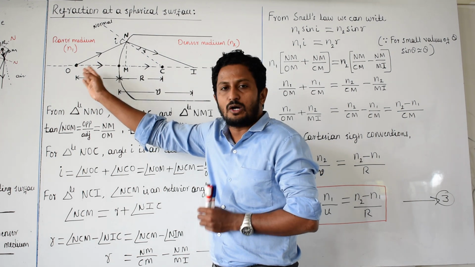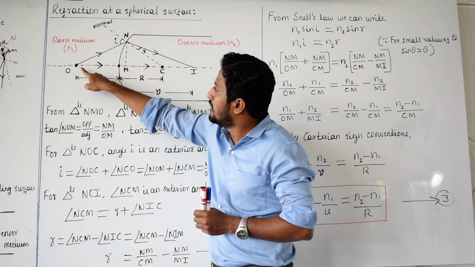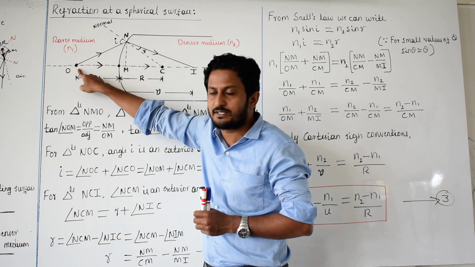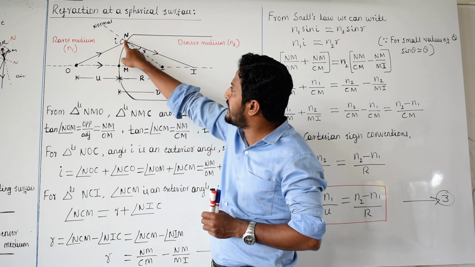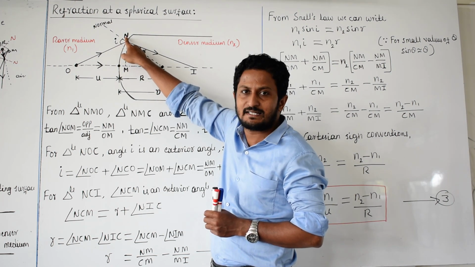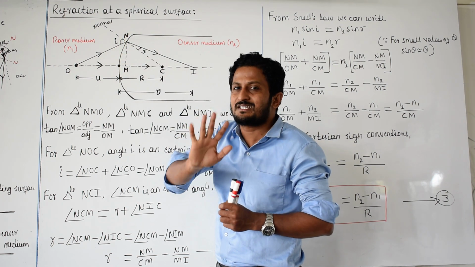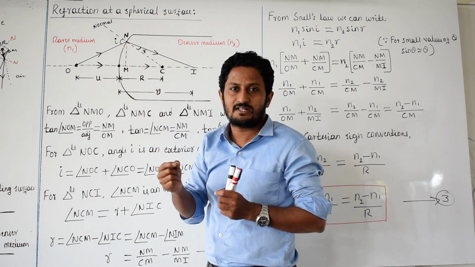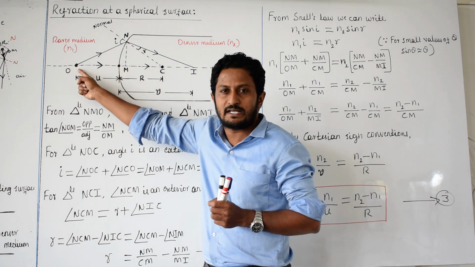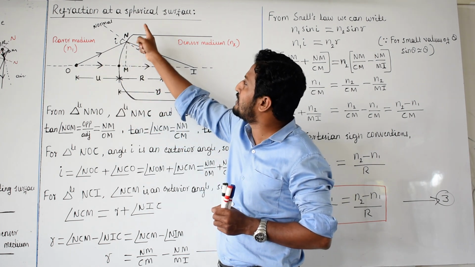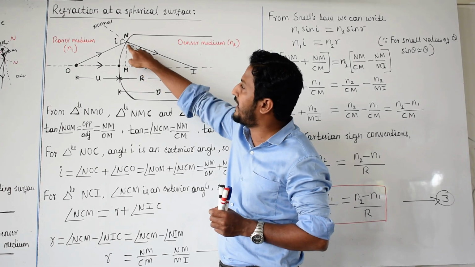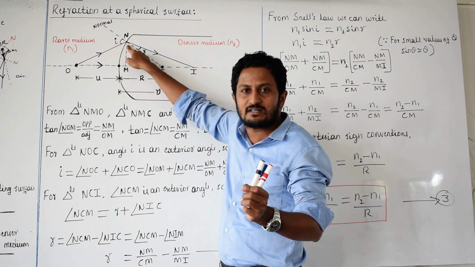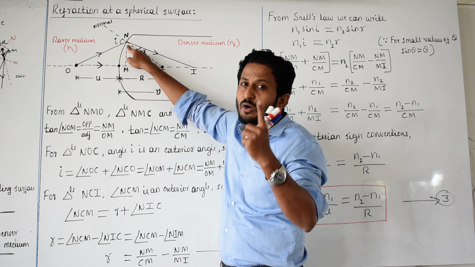Let's look at that object. Let ON be the light coming from that object. This point I named as N. Here N is not normal, just a point. ON is the incident light. That light came from that object and got incident on that curved surface at a point N. To that point N, we have to draw one normal.